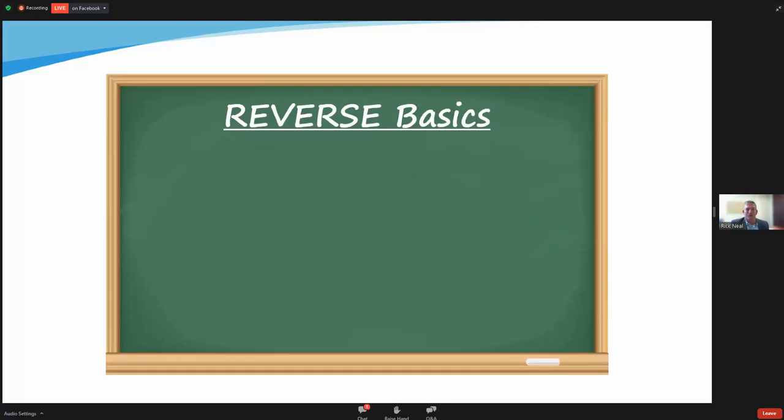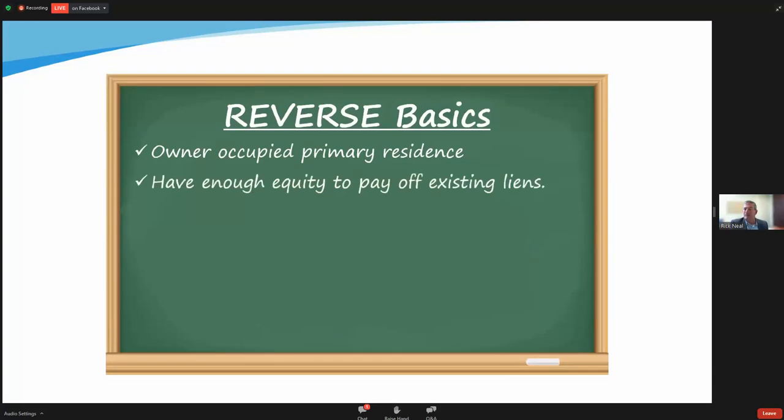When it comes to qualifying, the guidelines are the home must be owner occupied and the primary residence. They must have enough equity to pay off existing liens with the reverse principal limit. There is a typical credit and income review, certainly not as stringent as conventional loans.